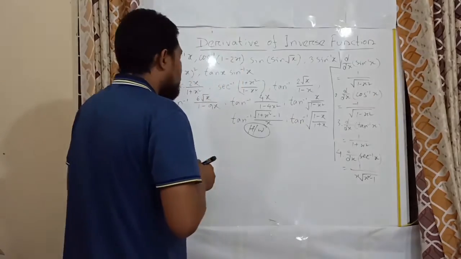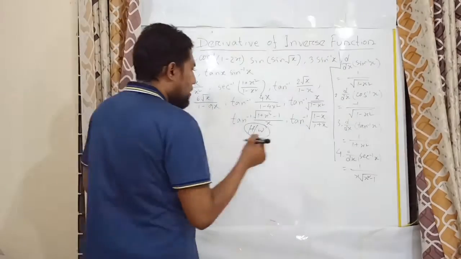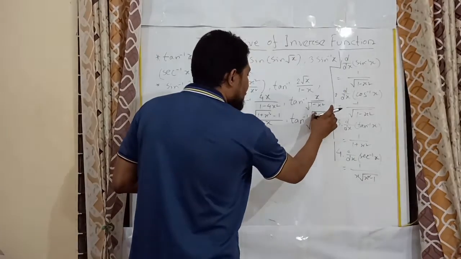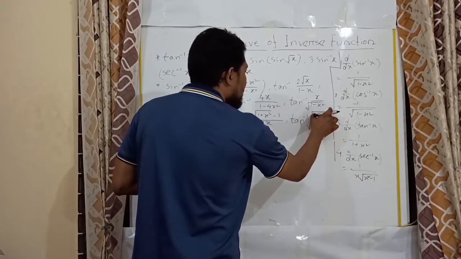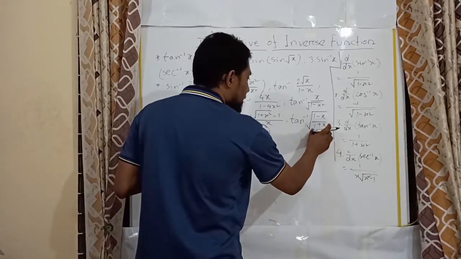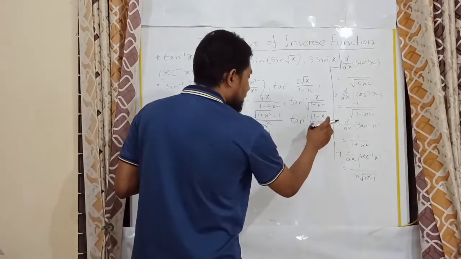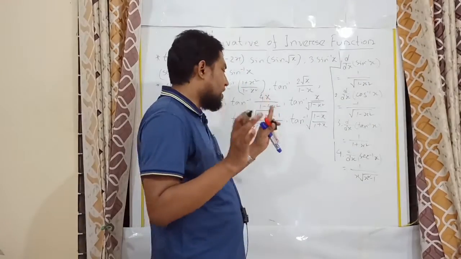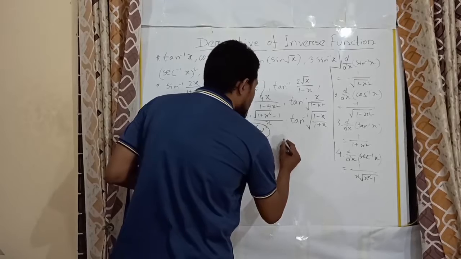So if we take sine square and the form is cos square, then sine square by cos square equals tan square, and square and root will be cancelled. So I have planned such a kind of thing. There is a formula.